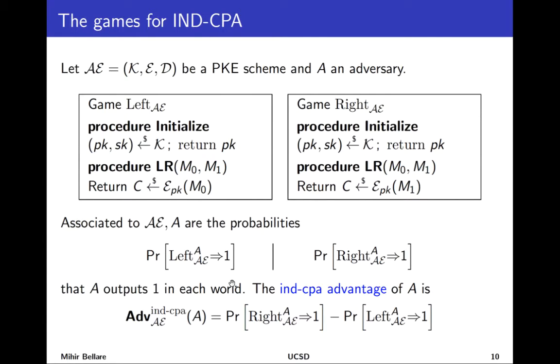What we're interested in is how far apart they are, and that's captured by the advantage, defined as the difference between those probabilities. We call it the IND-CPA advantage. Just as for the symmetric setting, you'll always know whether we are in the symmetric or asymmetric one just from the syntax. As usual, the advantage is superscripted with the name of the metric, subscripted with the object whose security we're measuring, here the scheme, and has as argument the adversary, and the advantage of course changes as you move across different adversaries.